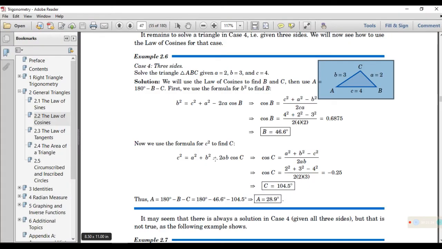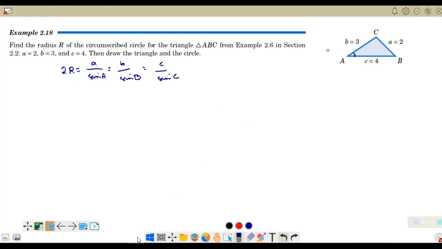So, from here, gagamit tayo ng law of cosines. Bakit? Hindi natin alam yung measurement nung mga angle. So, before natin magamit yung formula natin for finding 2r, yung law of sines na A over sine A, kailangan natin maghanap ng angle. So, para mahanap natin yung angle, we are going to use the law of cosines.